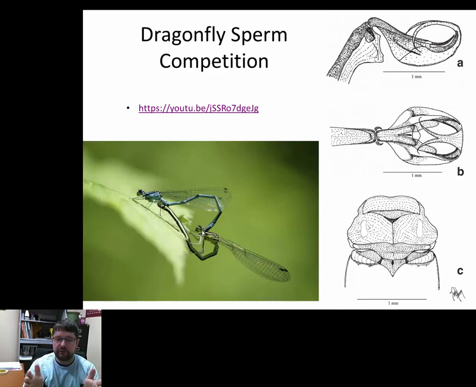But at any rate, the other piece that I want to talk about is that we're looking at structure and function. The other nice thing is you can look at different species of damselflies or dragonflies, or lots of other invertebrates and insects, which have the capability of sperm competition and have different shapes and structures of their penis.